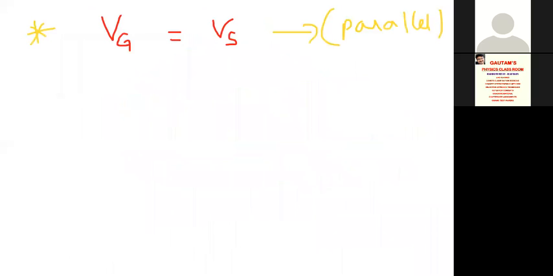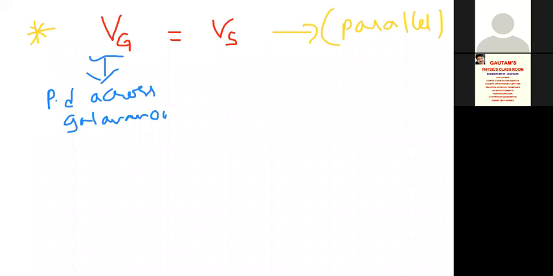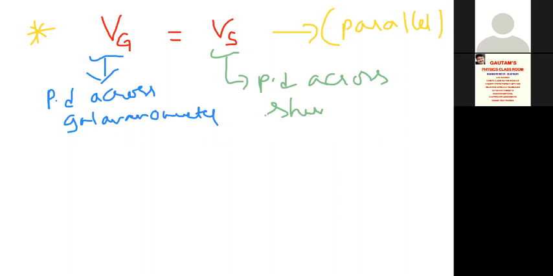So what is Vg, beta? Potential difference across the galvanometer. And what is Vs? Vs is nothing but the potential difference across the shunt resistance.